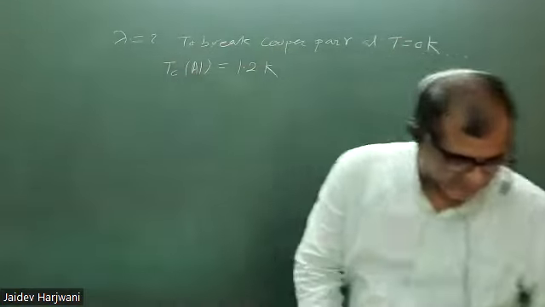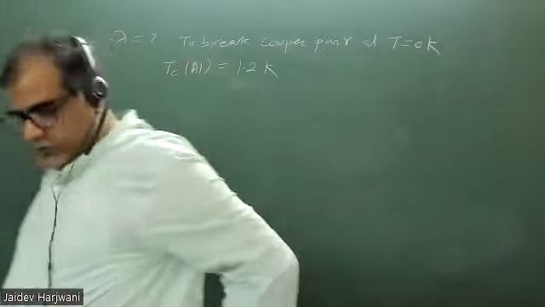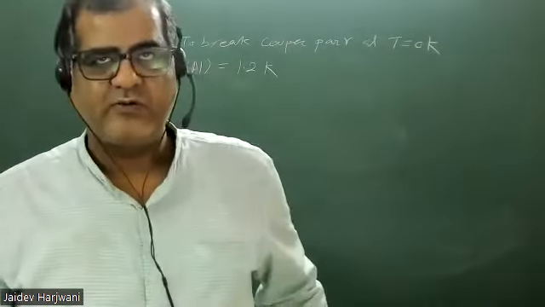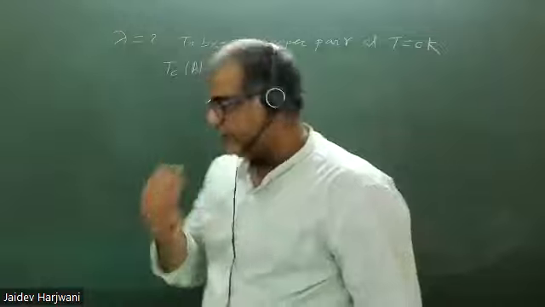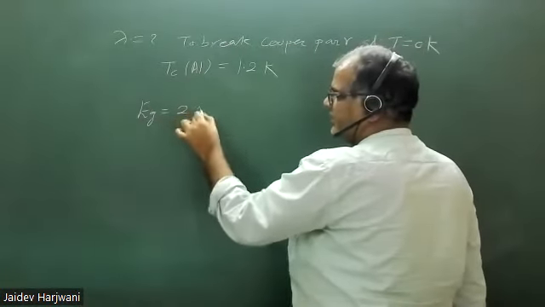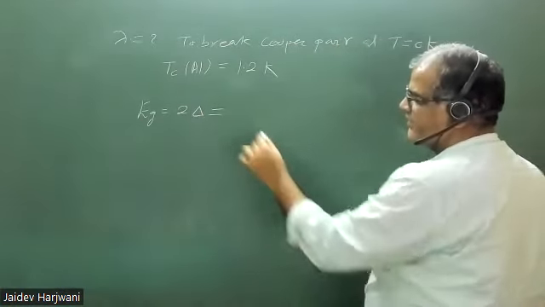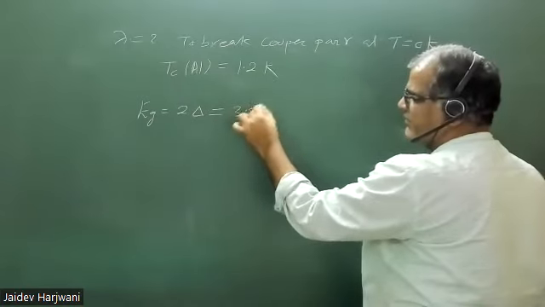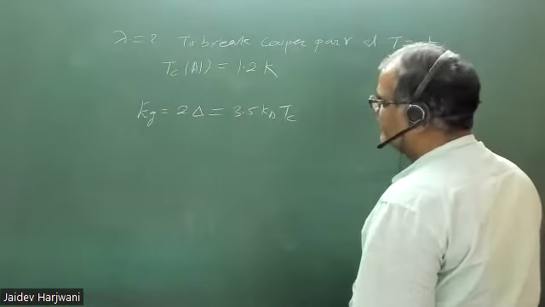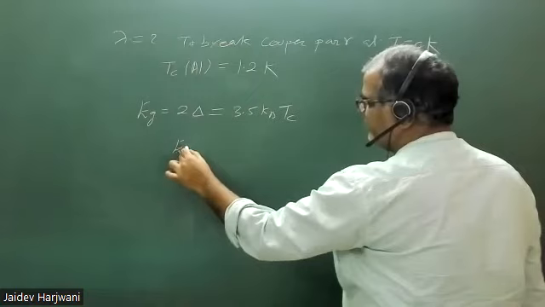So what formula will we use? Cooper pair energy is equal to 2 delta, the band gap. So Cooper pair energy equals 2 delta, which equals 3.5 kB Tc at T equal to 0 Kelvin. kB is known and Tc is given, so you can find the band gap.